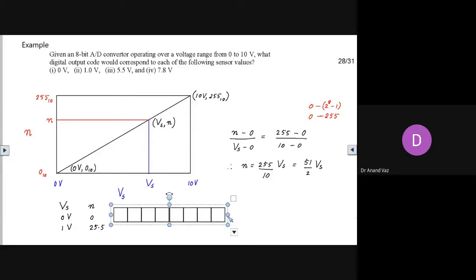Let us see if we can compact it a little. So this becomes, in this case, everything is 0.